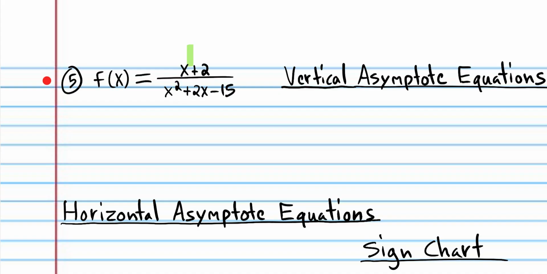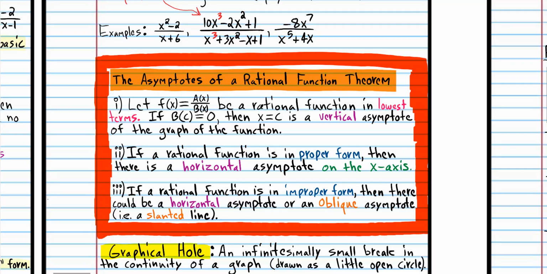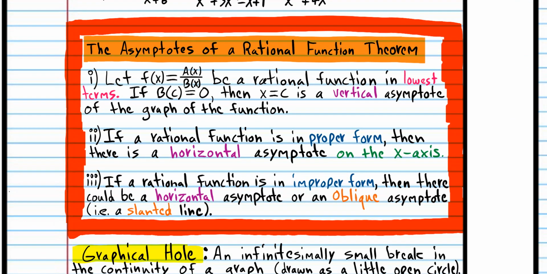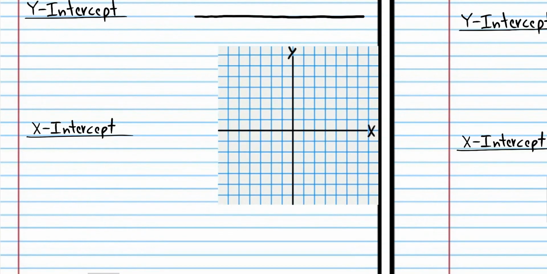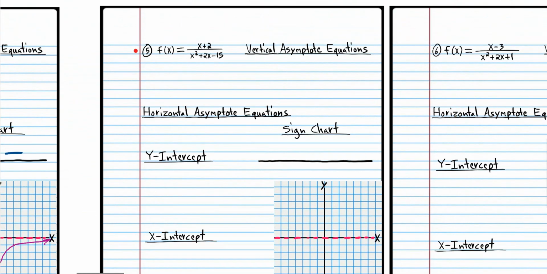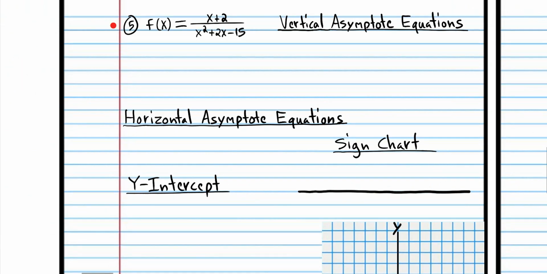So it's less in the numerator than in the denominator. Again, this theorem tells us that there must be a horizontal asymptote on the x-axis. So I'm going to go ahead and draw that. Okay, and I'm going to write the equation y equals 0.